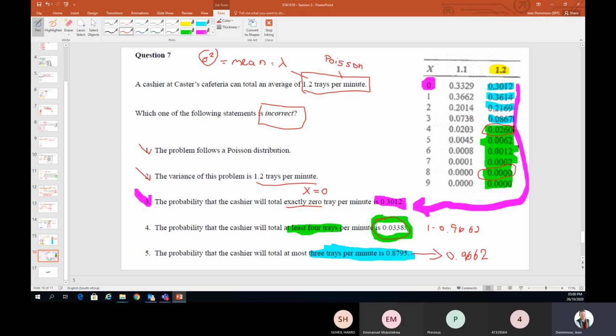I just want to see in one of the other tables that I have. So the table that they provided with your study guide, I took it from there. So quite interesting. So in adding these ones, you actually get 0.0336, which I then would have said it's also wrong for this.